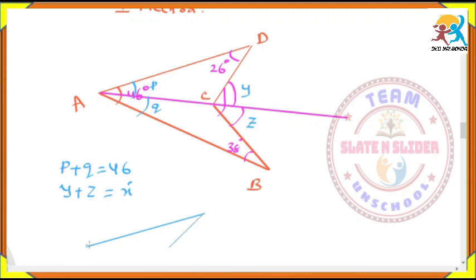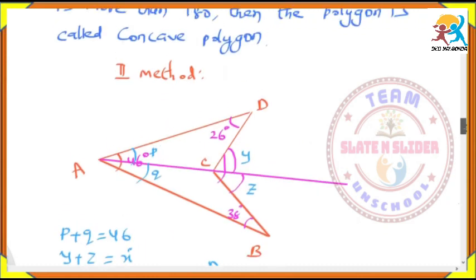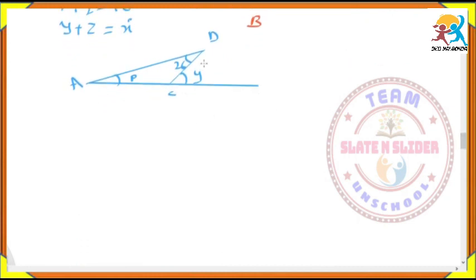This is the triangle, and name this triangle A, this is C, this is D, and this angle is Y, and this is 26, and this is P. Now we have learnt that in a triangle, if one side is produced, the exterior angle formed, that is Y, is equal to the sum of opposite interior angles. So P plus 26. This is equation 1.